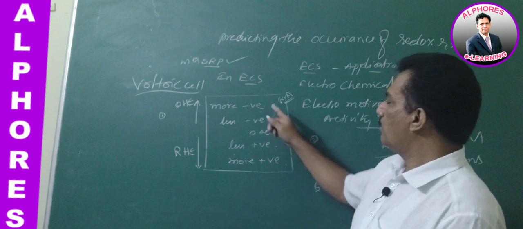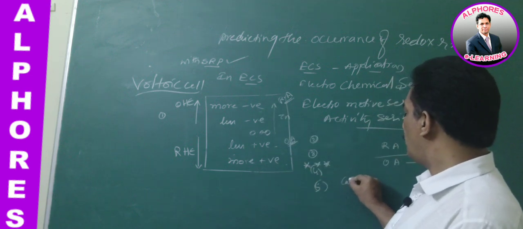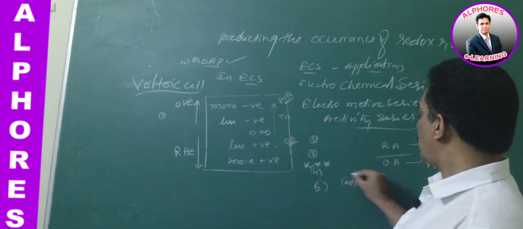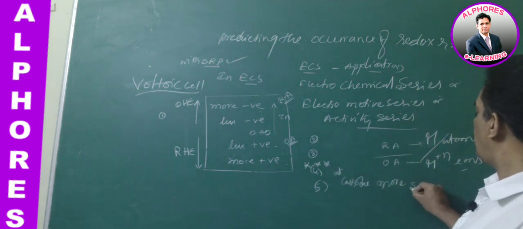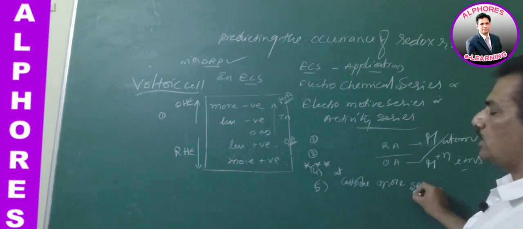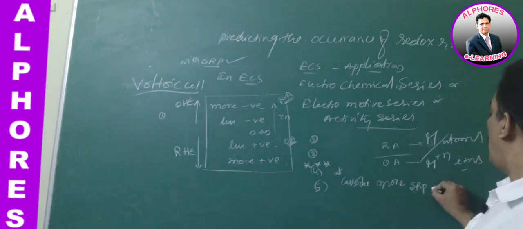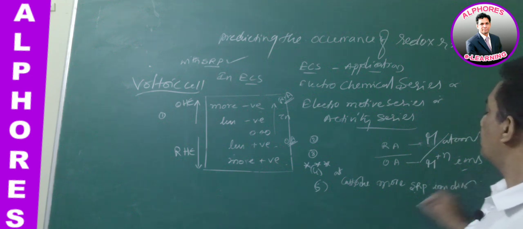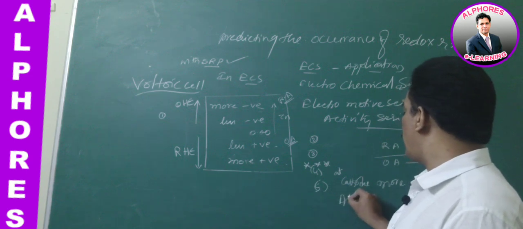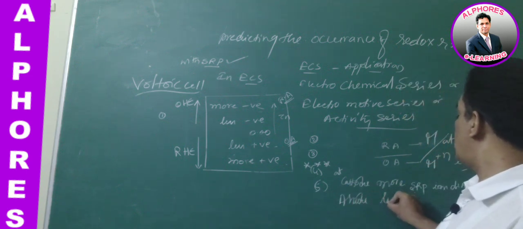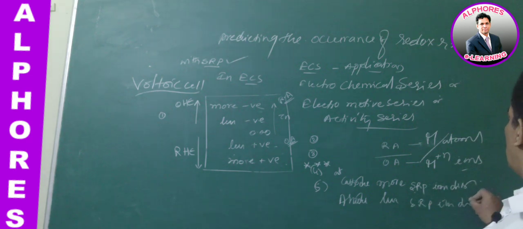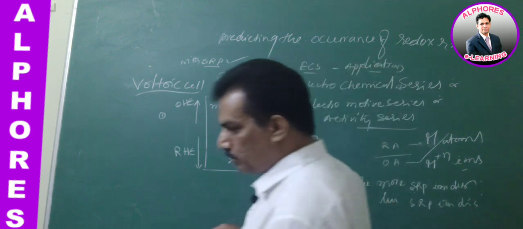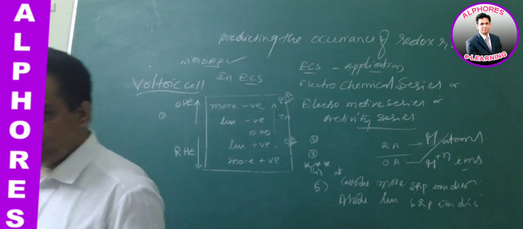Here you remember, at the cathode, ions with more SRP, that is standard reduction potential, discharge first, whereas at the anode, ions with less SRP will discharge first. That is opposite. SRP value we are considering.